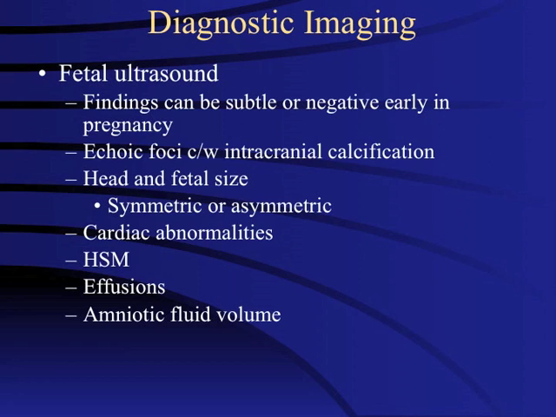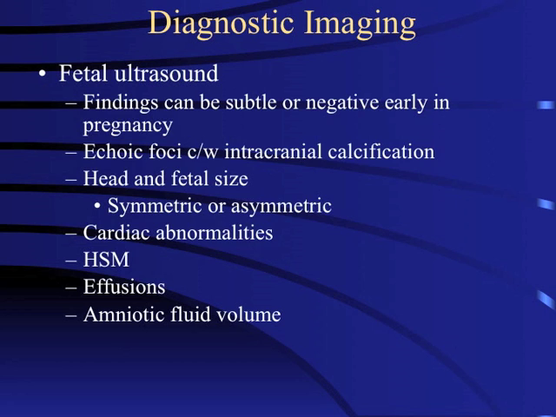In terms of diagnostic imaging, fetal ultrasound can sometimes be very helpful, but you really need a very good ultrasonography because the findings can be very subtle or negative early in the pregnancy. But sometimes if they see echogenic foci that can be compatible with intracranial calcification, then you might want to get a better type of ultrasound.